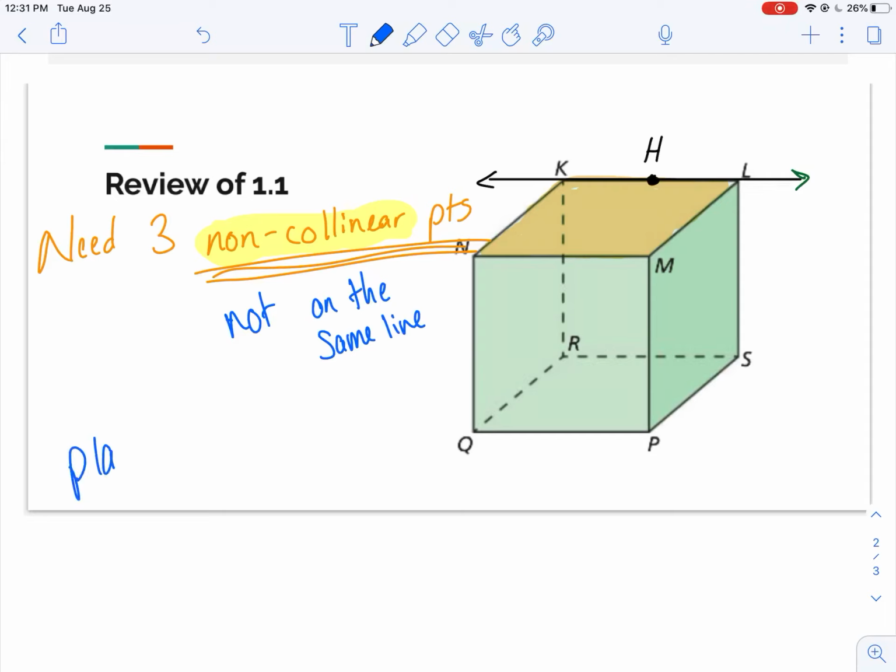So I could name this plane NMH, or plane KLM, or plane KML, or plane MKL, or plane LKM, or whatever you want to call it.